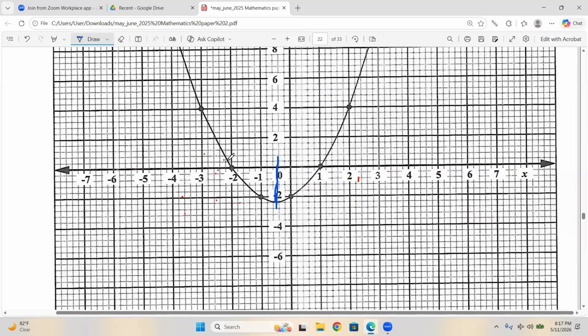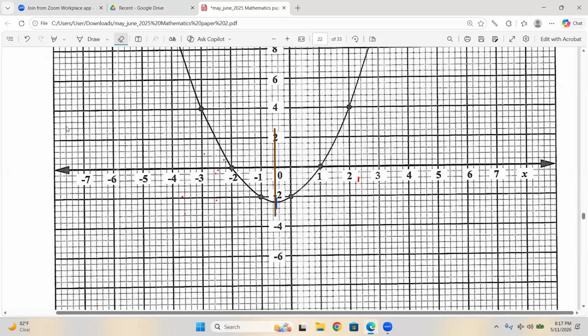That line doesn't look that straight, so let me use a straight line just to get the most precise value. It's around halfway between 0 and -1, so it's about -0.5.